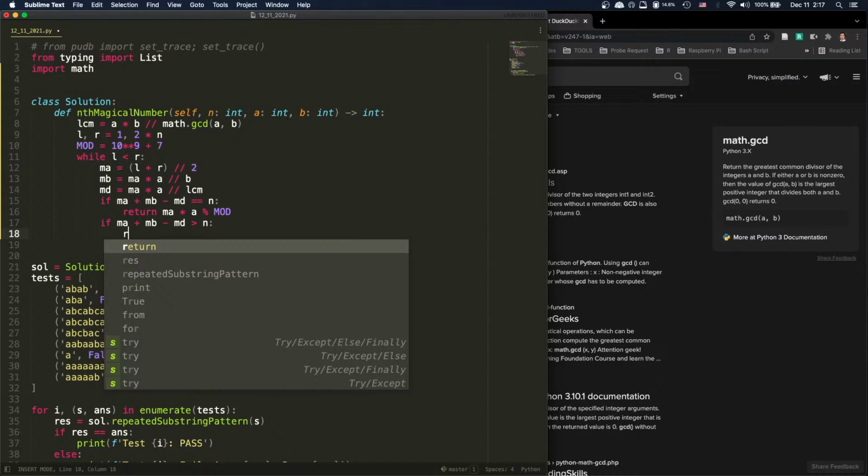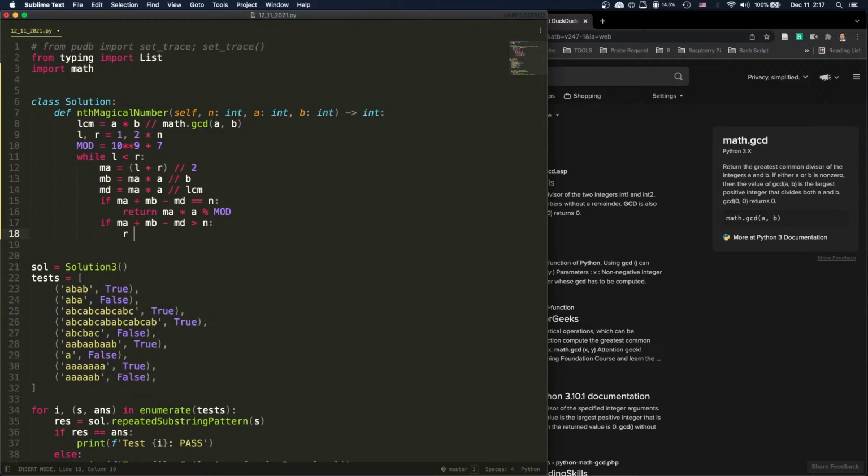Plus a bias, so we want the left plus. So right stays where it is. We're going to go on the left, go up. Okay, so R will equal MA, right, because it's too big, so we want to shrink down. And continue.